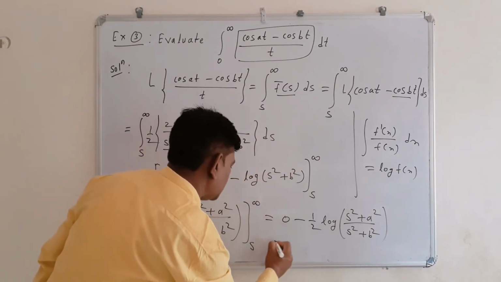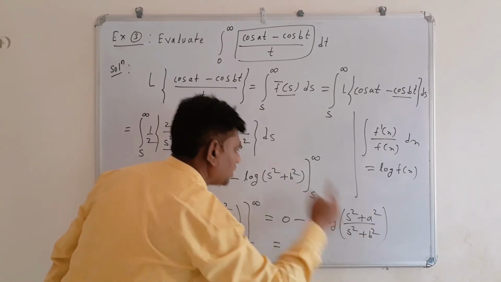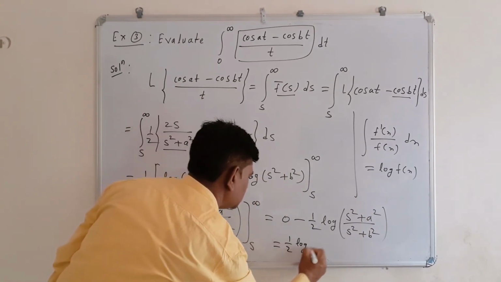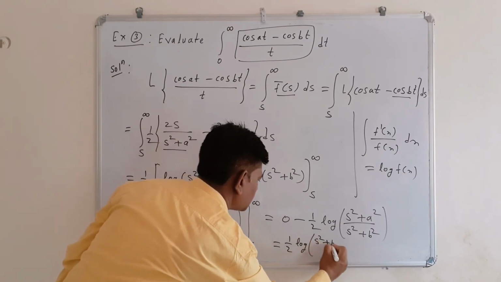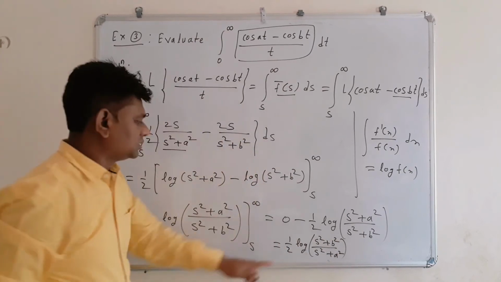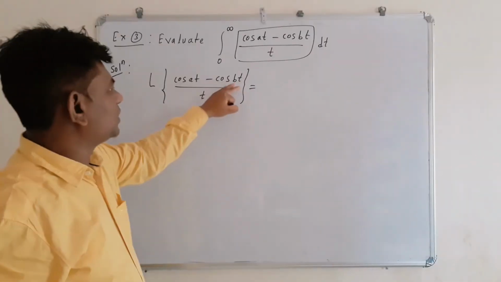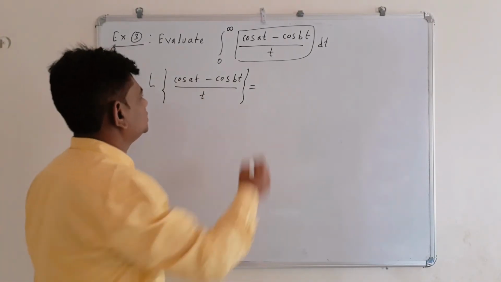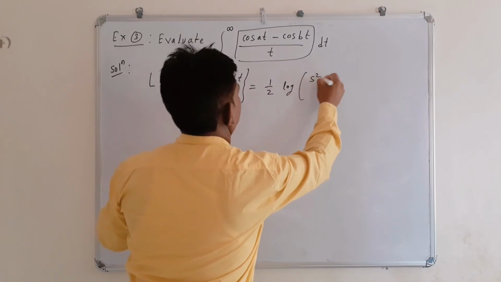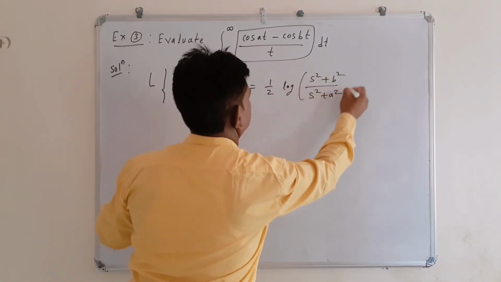So this is equal to minus half log of s square plus a square upon s square plus b square. The answer is half log of s square plus b square upon s square plus a square. Therefore, the Laplace transform of (cos at minus cos bt) upon t is equal to half log of s square plus b square upon s square plus a square.